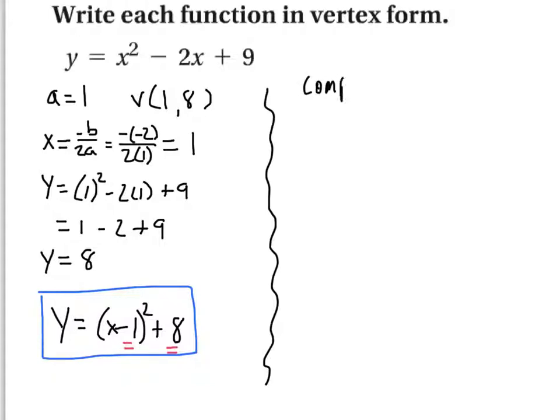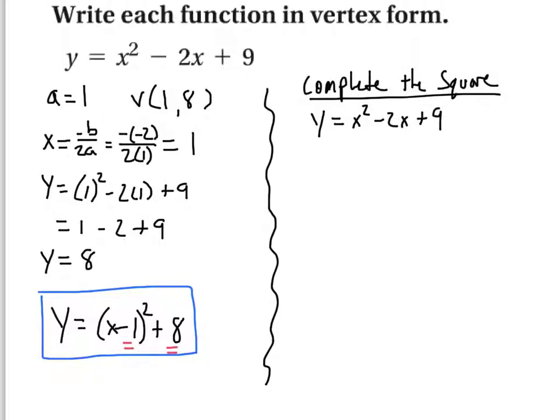So, if I complete the square, I'm starting with my basic standard form equation. This is the squared term, right? So I want to make this side a perfect square trinomial. So in order to do that, I've got to get rid of the 9 first. So I'm going to subtract both sides by 9.